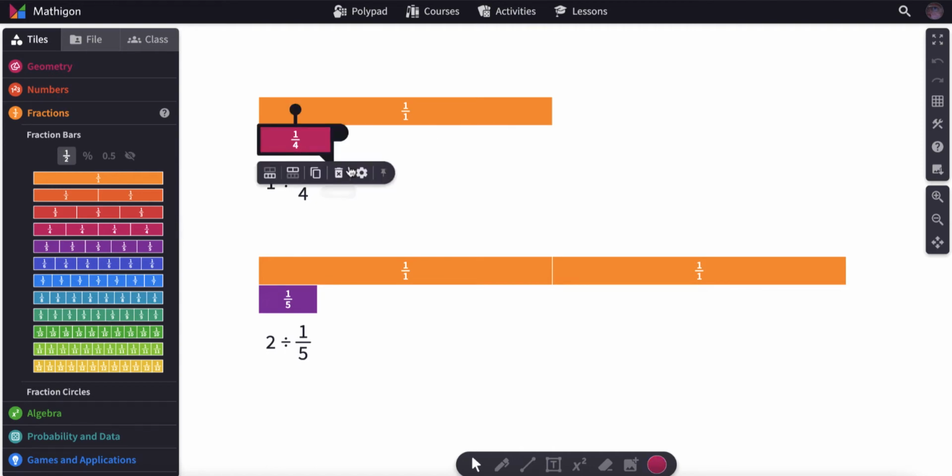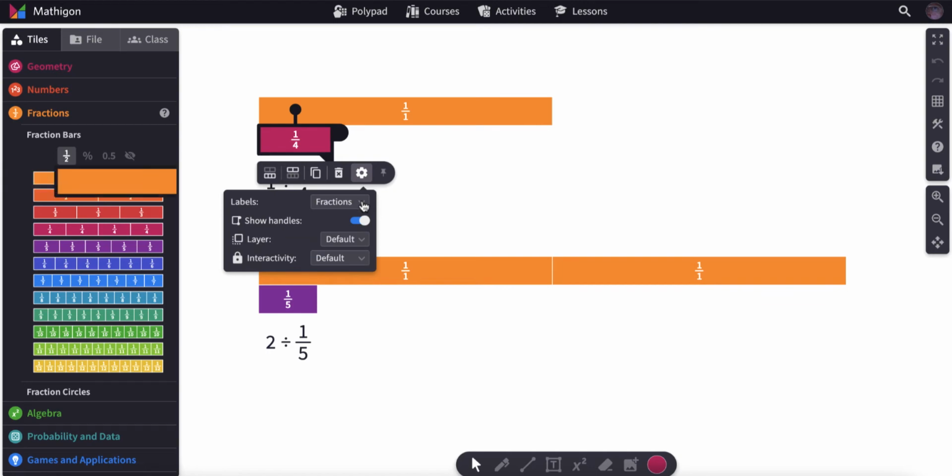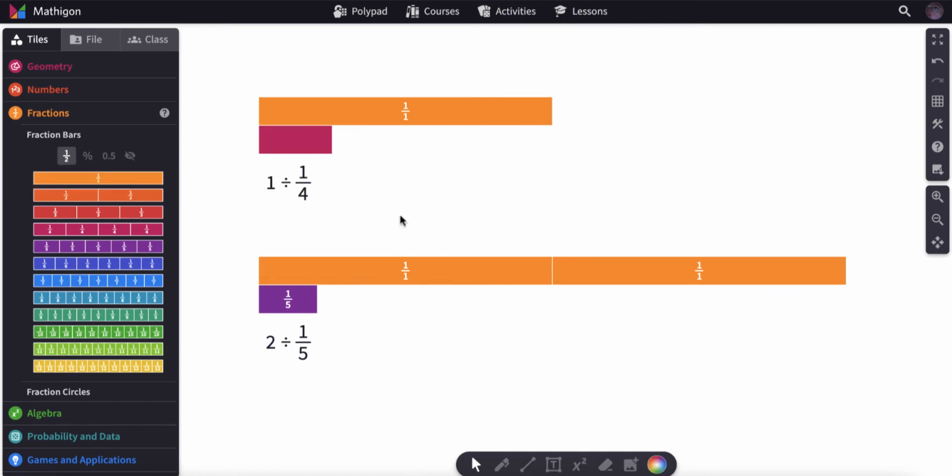And for these questions, once we define the question, I'm going to take the actual fraction size out and just concentrate on the fact that we're asking how many pieces of this size fit into the bigger piece, or into the piece that's 1.